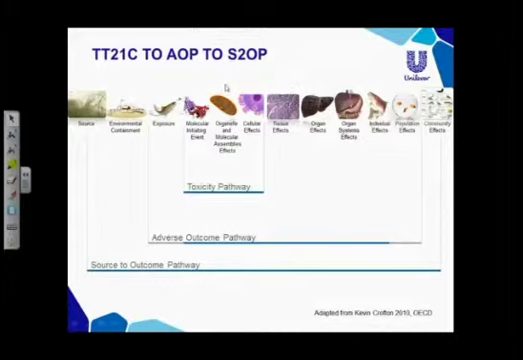There are some nice figures out there which try to illustrate this. This is one from Kevin Crofton at the EPA in an OECD document. So really trying to say that we need to better define how we're exposed to things, but better, in this new way of thinking, define these molecular initiating events and what happens at the level of the organelle, the cellular and tissue events, organ events, effects, and how that gives rise to potentially toxicity or adverse outcomes in individuals or populations.